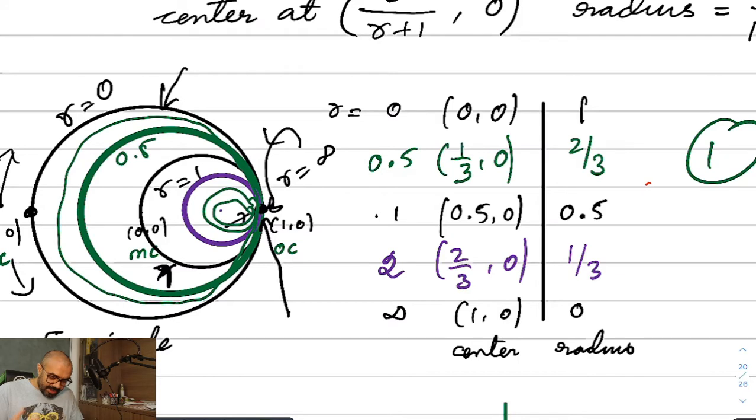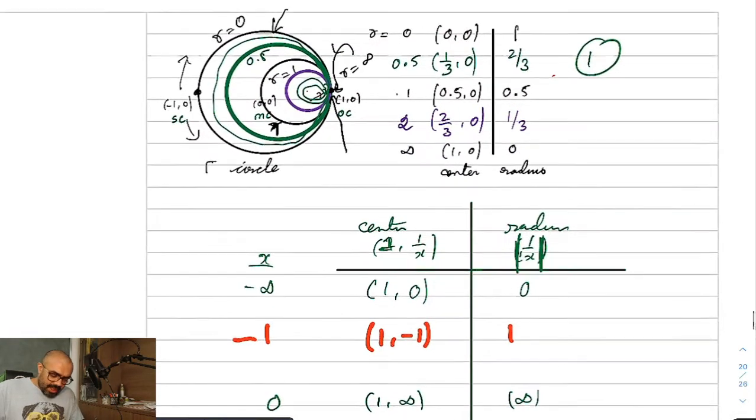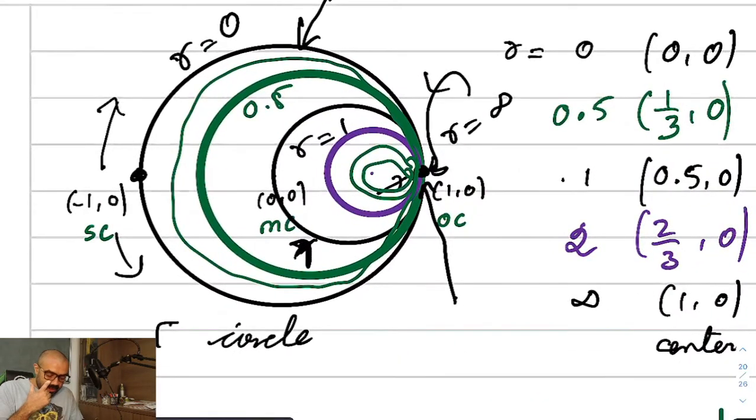And any circle that has r greater than 1 and less than infinity will lie between the r is 1 circle and the r is infinity circle. These are the purple curves that we see. Notice the centers of all these circles lie on the real line. And all these circles pass through the point 1 comma 0. Why is that?